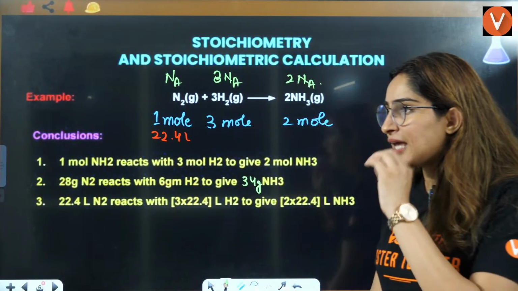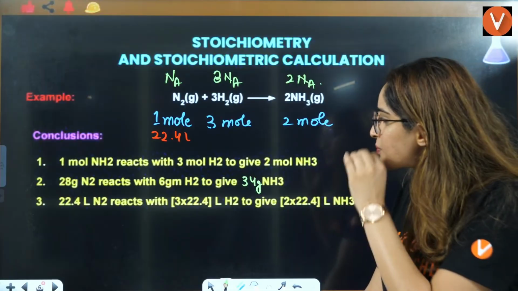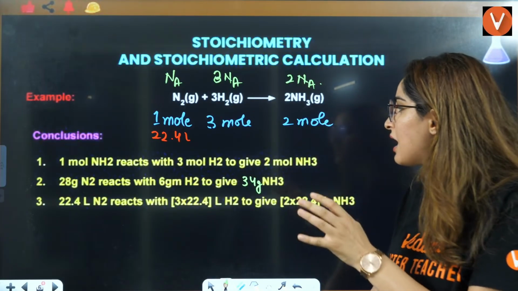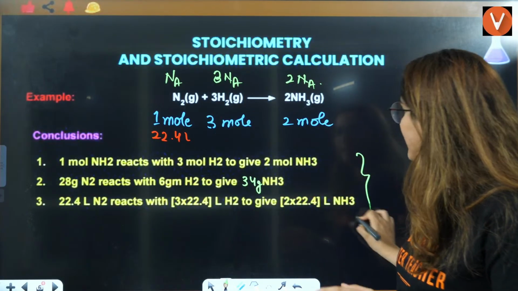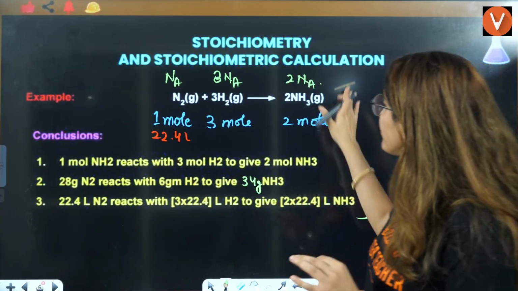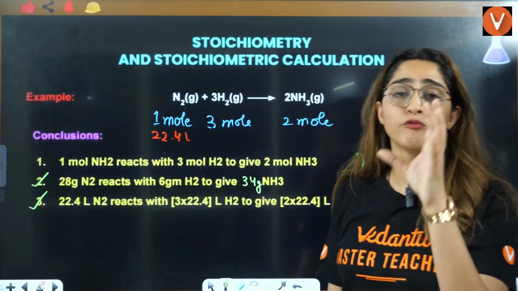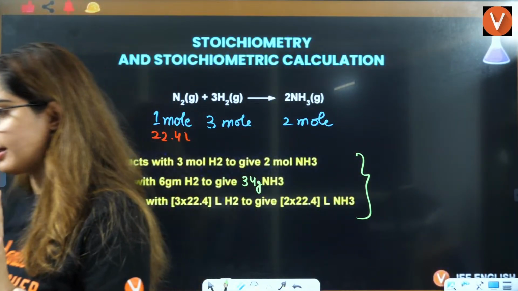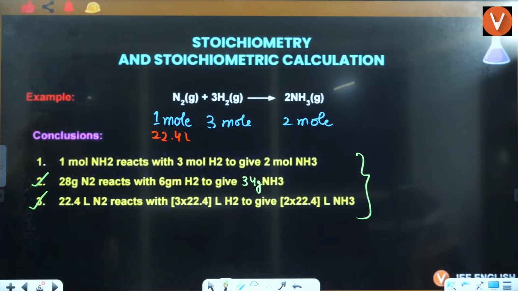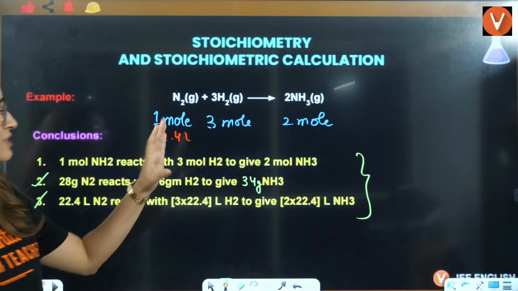Right? Can we say that just by looking at this one reaction, I can tell you so many things? And out of this, the most important are the mass and the volume.